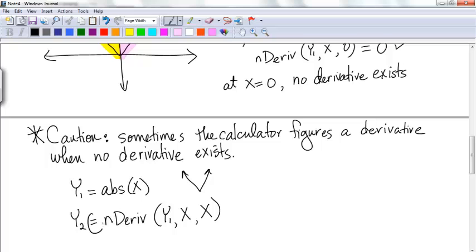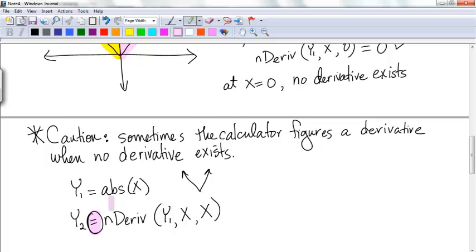Let's turn this one on, turn the other one off. So go down to y sub 2, do math 8. Then the vars, right arrow over to y variables, function, we need y sub 1 comma x comma x.